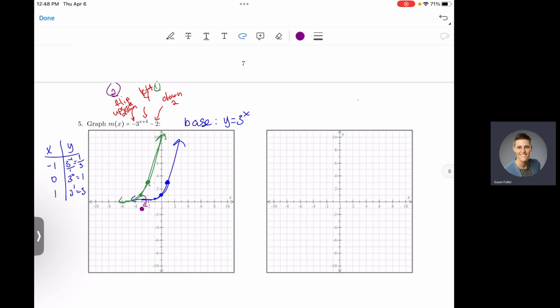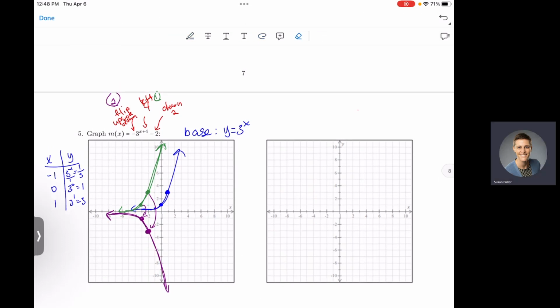That's going to shift down to -2, -3. And then this is going to flip upside down. So my function is going to look like this, upside down. Okay, so now I've flipped this thing upside down.